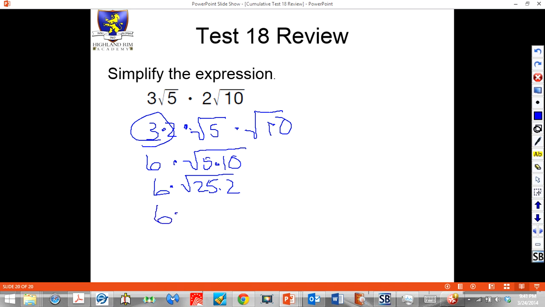We end up with 6 times 5 times the square root of 2, which totals this thing to 30 times the square root of 2. And that's your answer. 30 times the square root of 2. This is not a hard one to do.